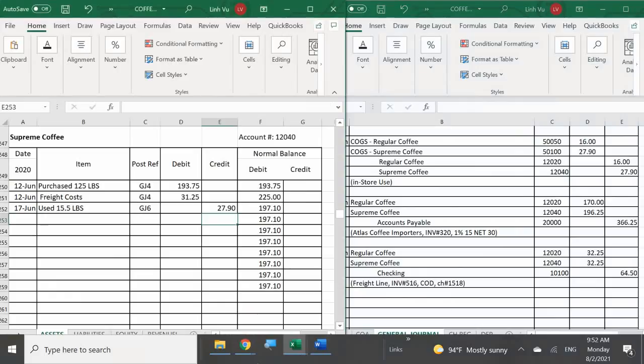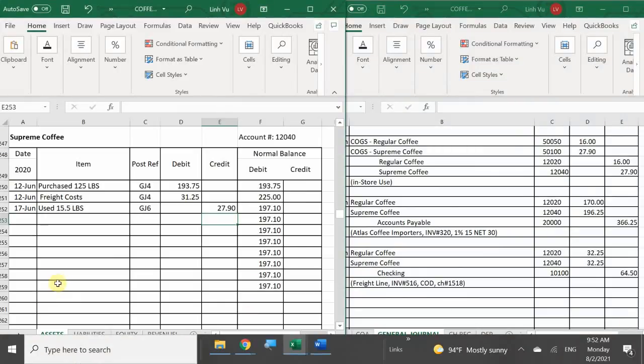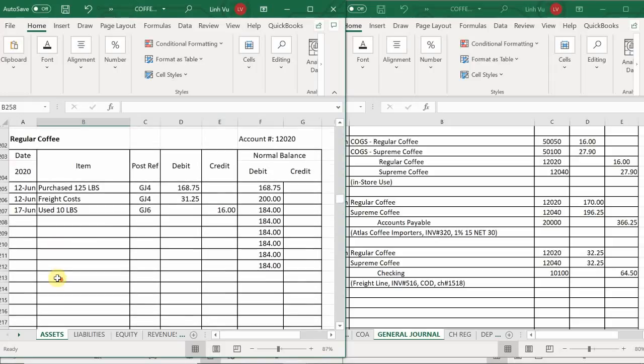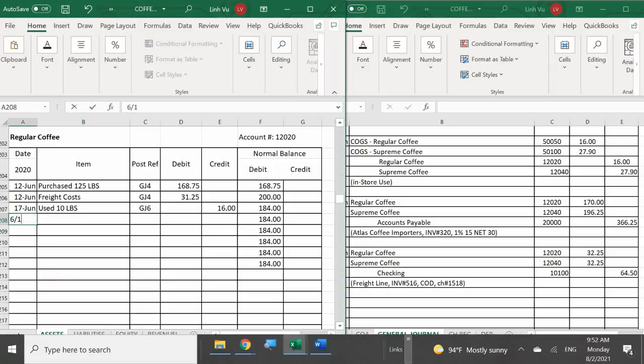So general ledger. So I'm already on my regular and supreme coffee. So it's now the 18. Right.